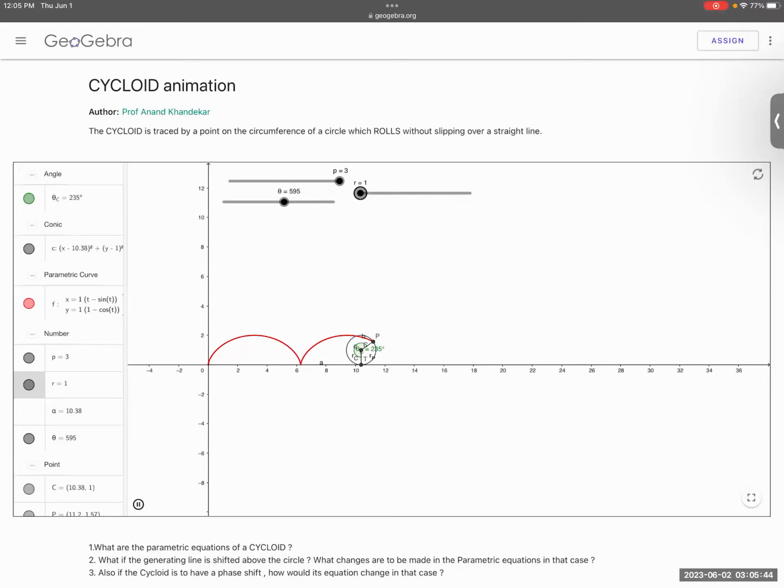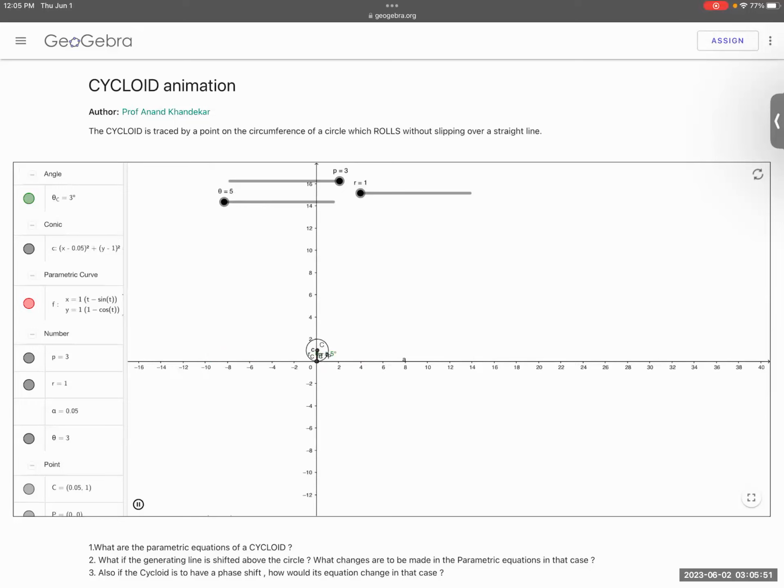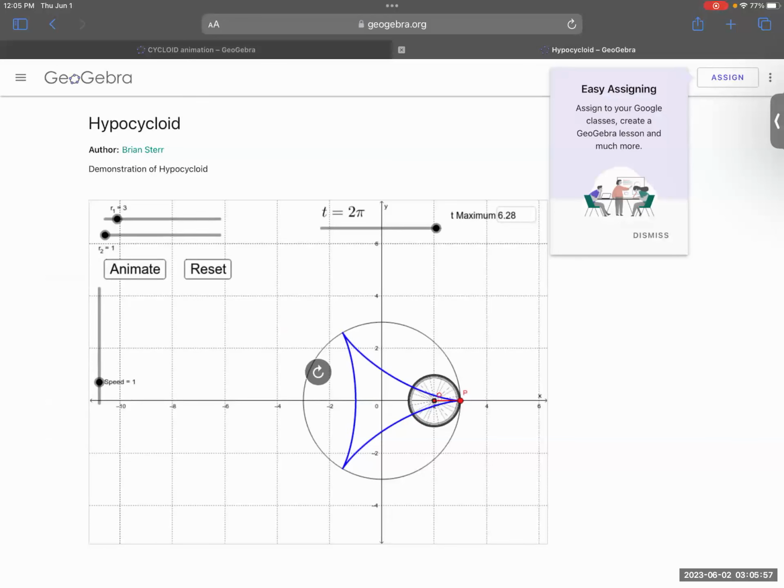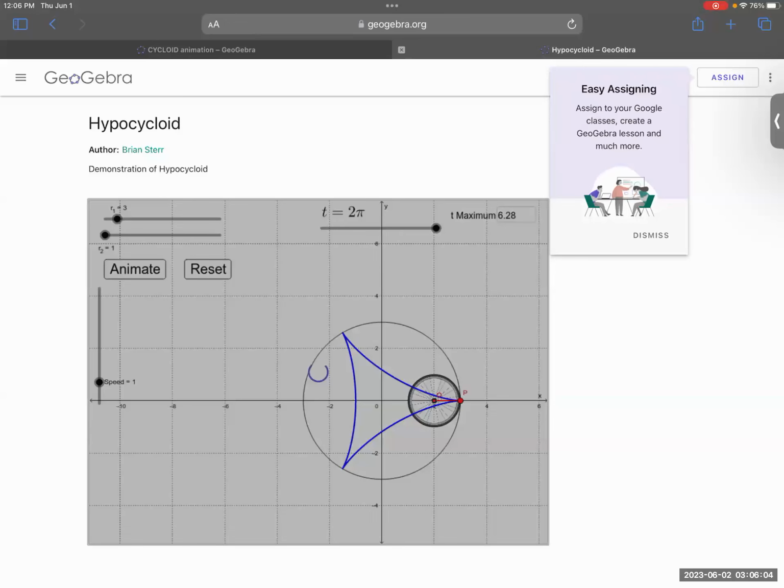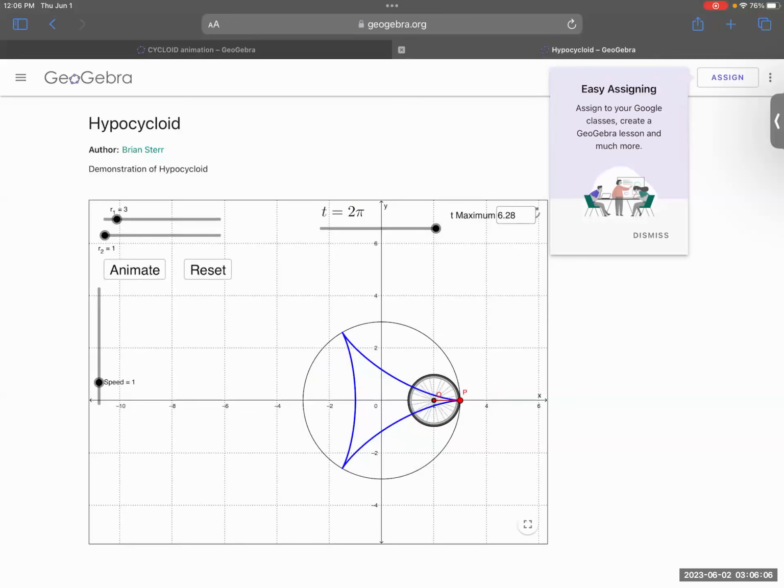Another one I'm going to show you. Oh yeah, here, the hypocycloid. Here, they're not going to ride a bike on a straight line, but on, let's say, a circle shape. We can animate it too. You see that?